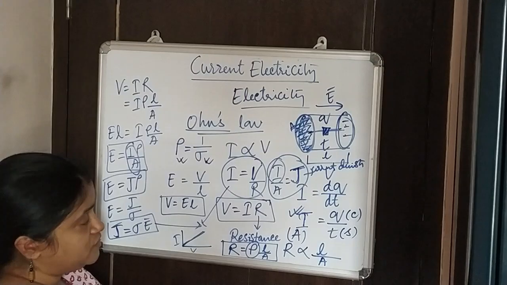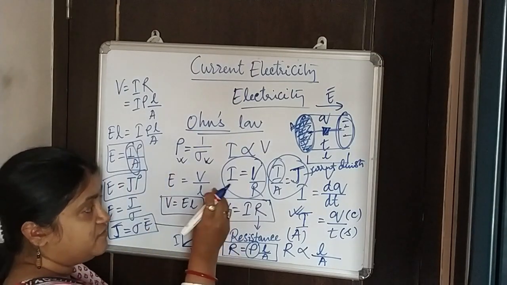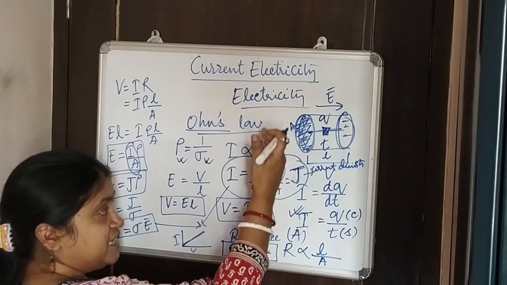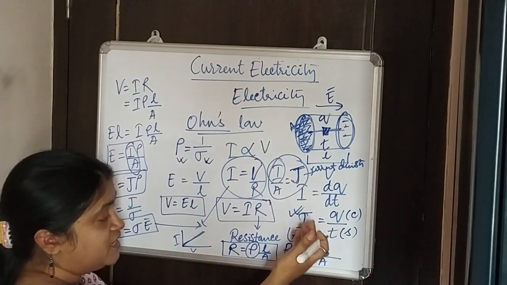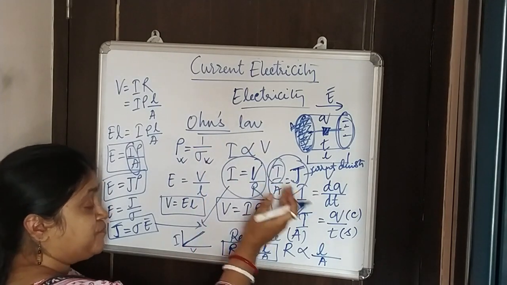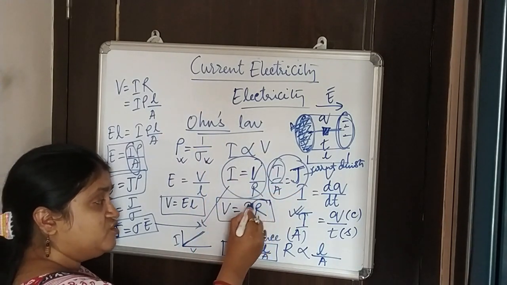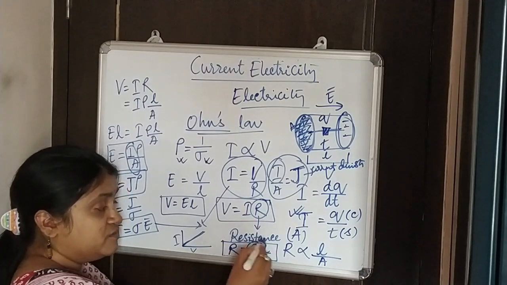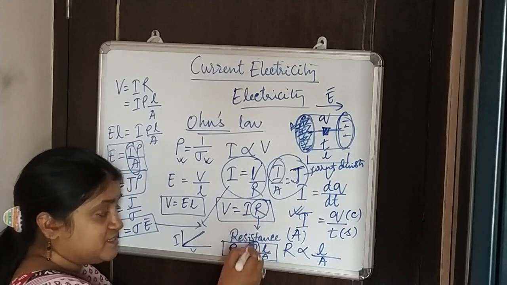So today we have started with a very basic concept of electric current. What is electric current? Then we have understood what is electric current density, and then we have introduced the relation or law for resistance.